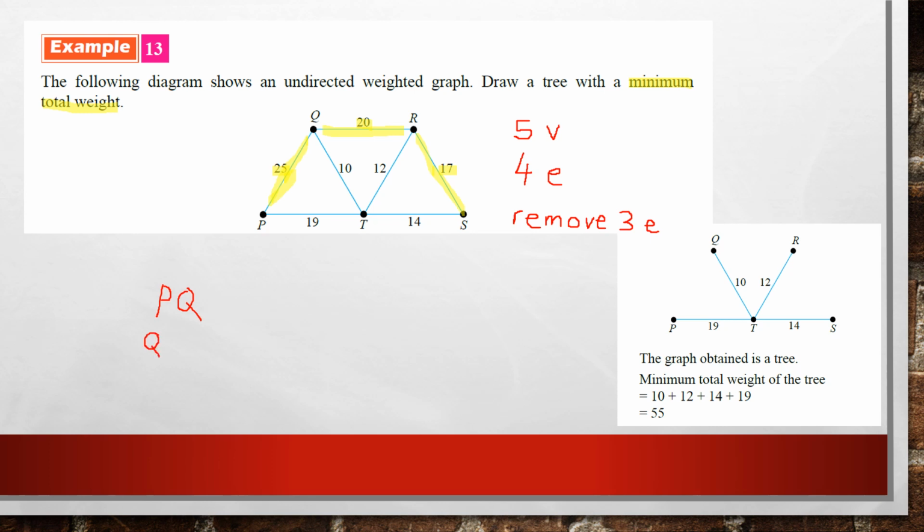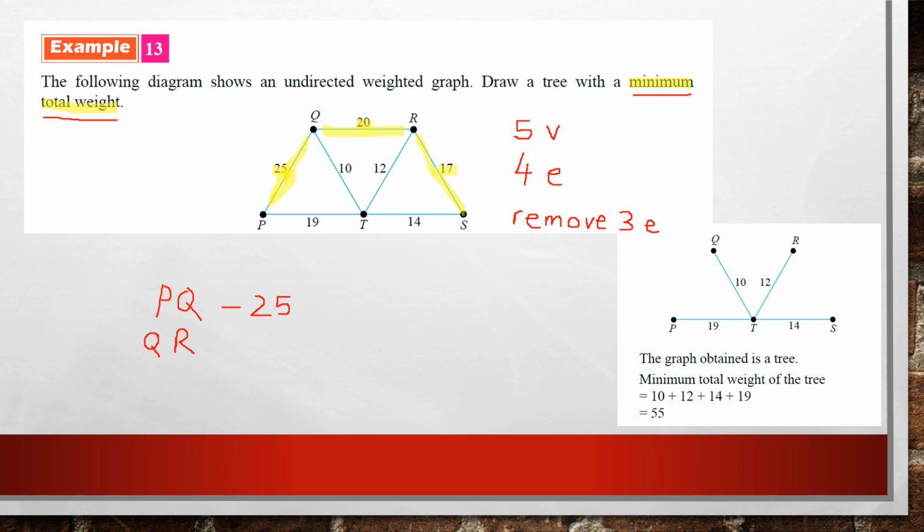Why do we remove PQ first? Because that is the edge that has the greatest weight, and the question asks for minimum total weight.